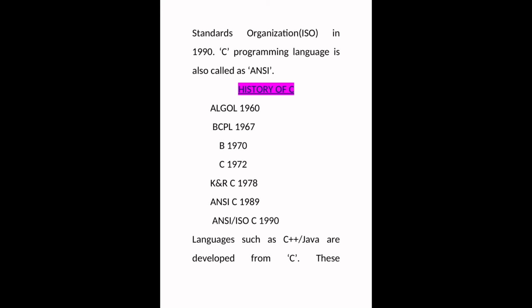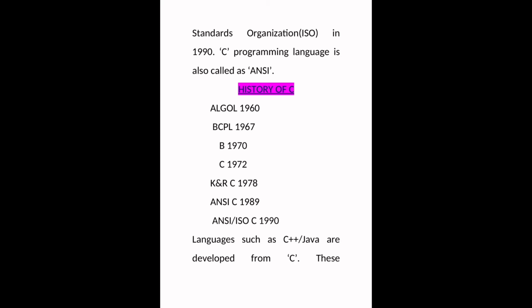Next, the C language was developed in 1972. Next, K and R C was developed in 1978, and ANSI C in 1989. Now ANSI or ISO C was developed in 1990.